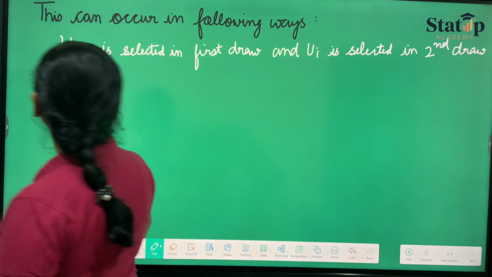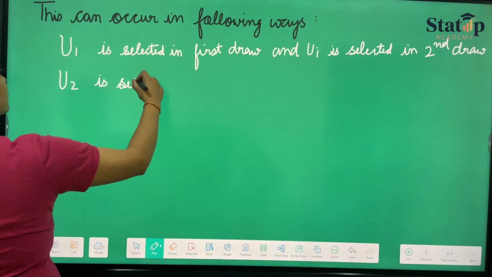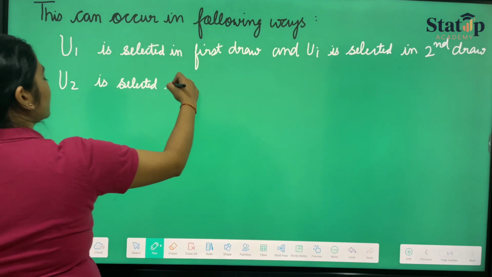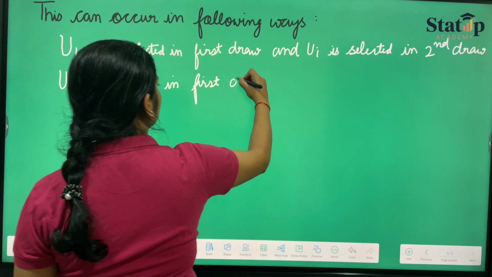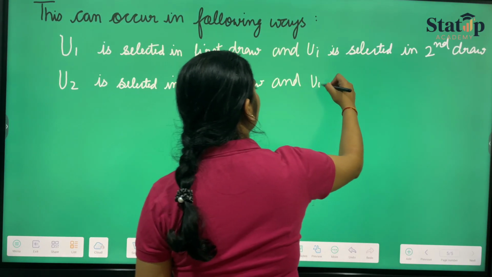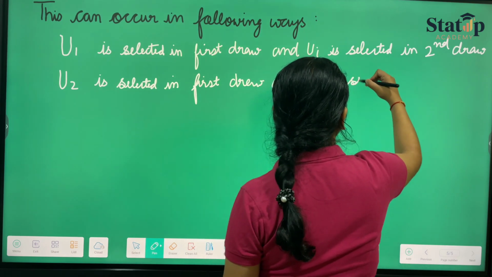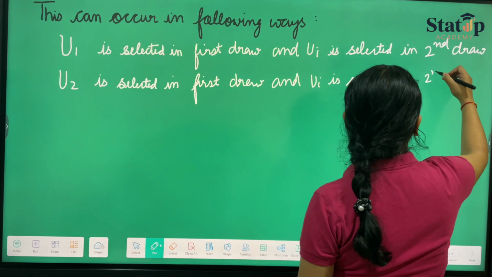The second case would be U2, the second unit, is selected in first draw and ith unit is selected in second draw.